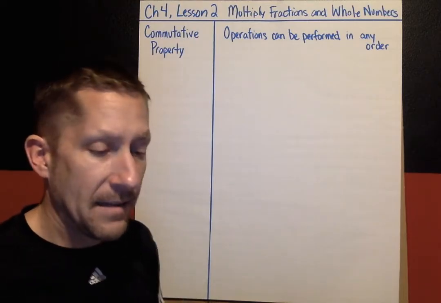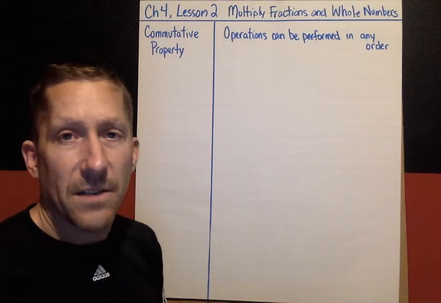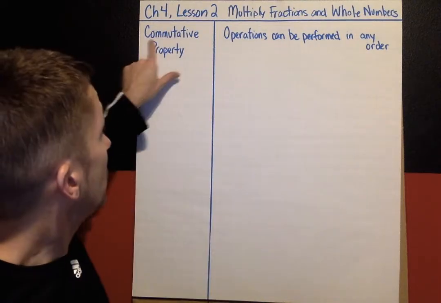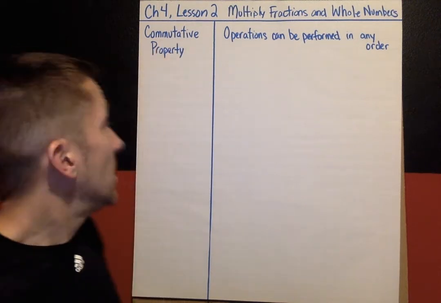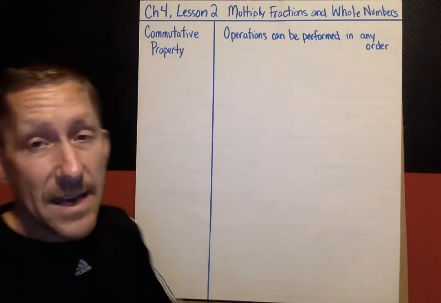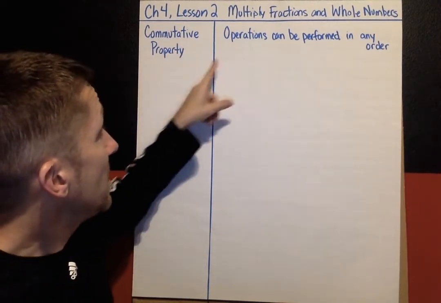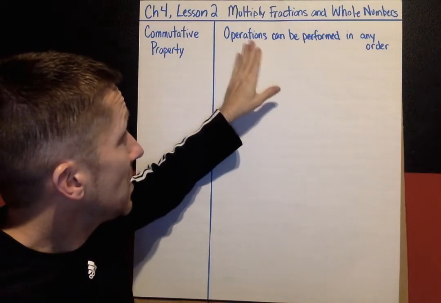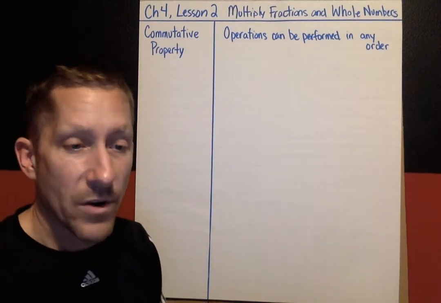Let's get started. The first thing I want to talk about is something called the commutative property. Go ahead and write that down in your notes. Again, how you say that, it's commutative, and the commutative property is talking about operations that can be performed in any order.